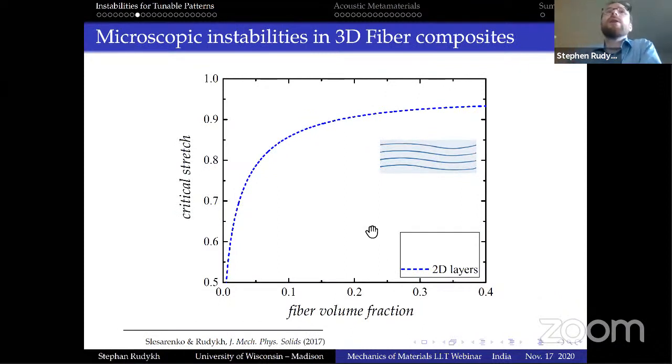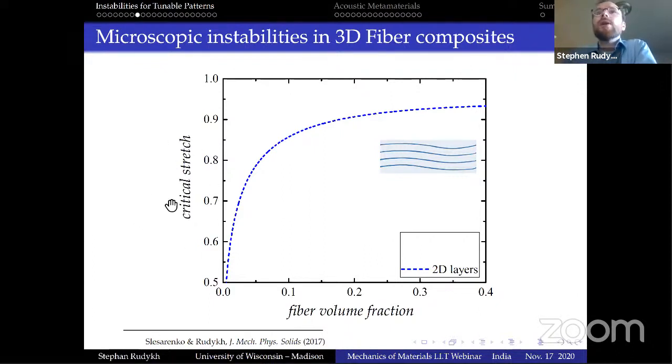And so to illustrate that in the comparison, this is the critical stretch that we derived versus the fiber volume fraction. And this is the analytical prediction for laminates in 2D.